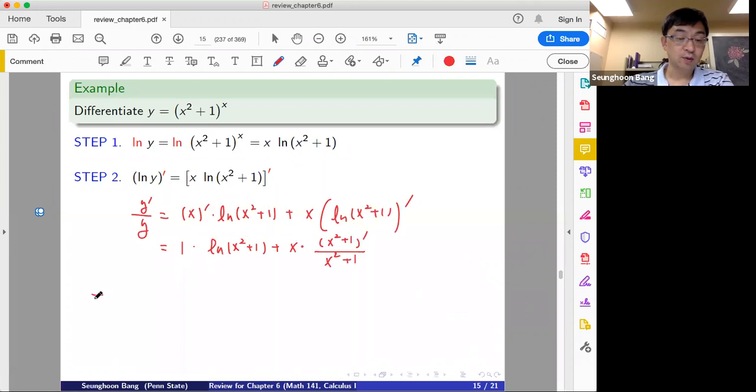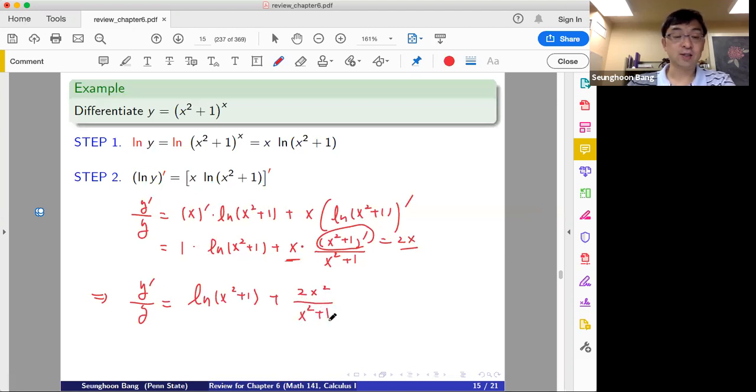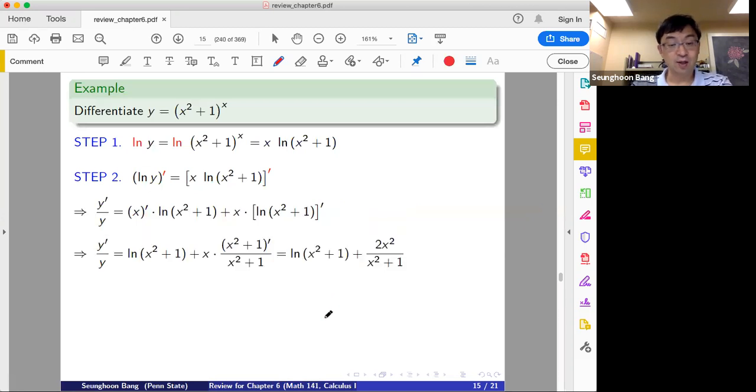So we have this result here. y prime over y equals ln of (x squared plus 1) plus x times 2x, so that's 2x squared over (x squared plus 1). Just like step 2, right? Like this. Step 3. What's step 3?